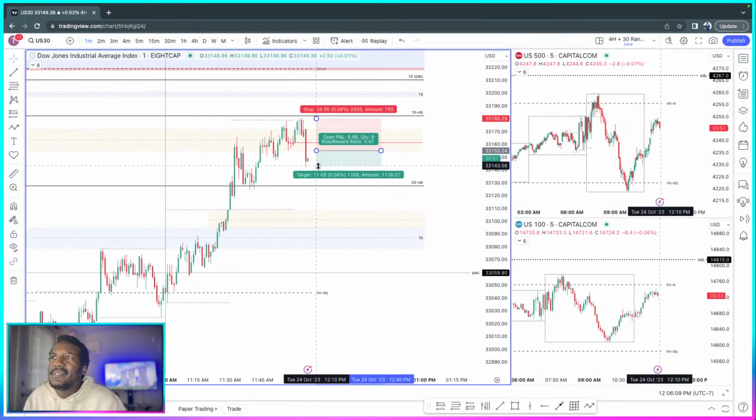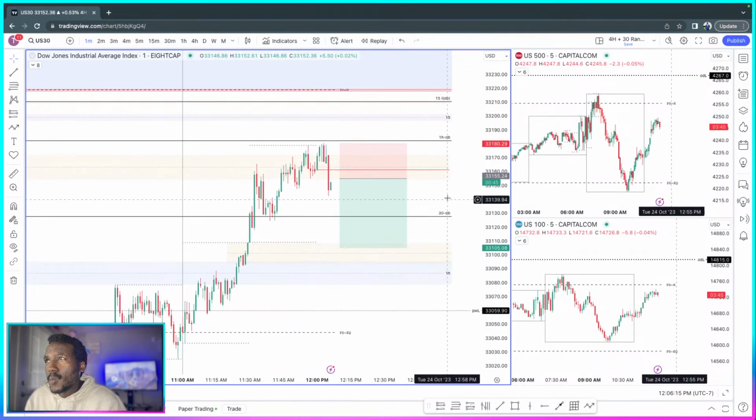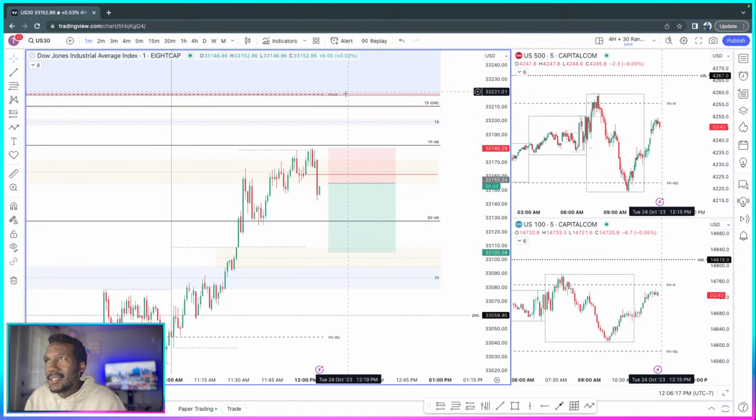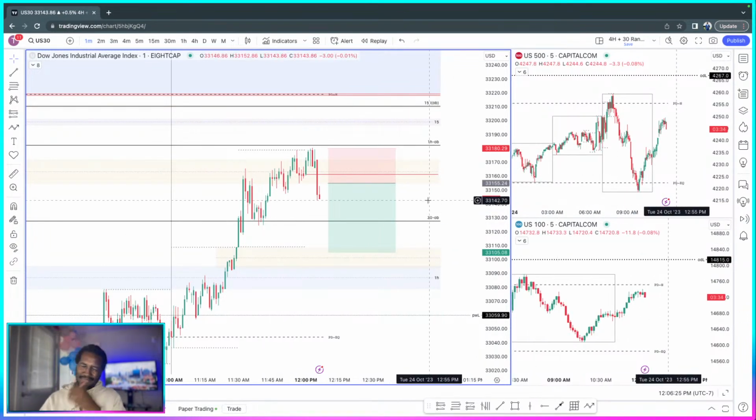So now we would have seen 0.5 gain. The truth is I would have loved to see us come here. Previous day high. None of them has gotten to retest that previous day high. Why? We missed on that one, but it's all good.